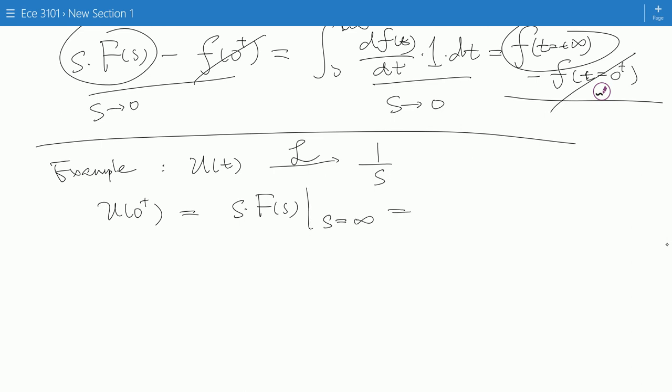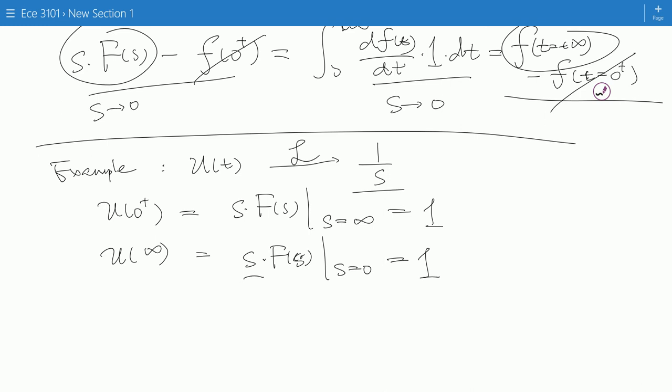And since s times F of s is just 1, initial value is 1. Final value, similar, we evaluate at s equal to 0. But it doesn't matter, s here and 1 over s here will cancel each other, so you always have 1.